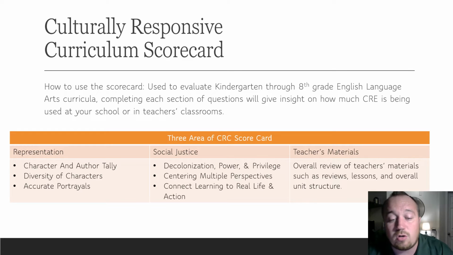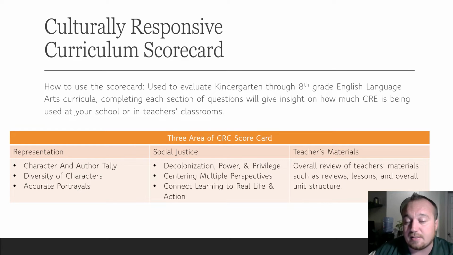And then in the scorecard, there are 3 areas of study. One is going to be representation within the curriculum. And then there are subsections. This includes character and author tally, diversity of characters, and accurate portrayals.